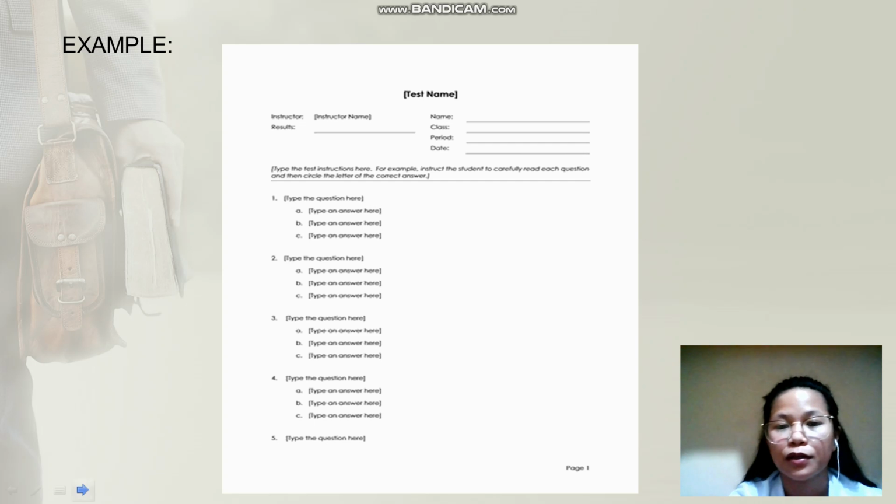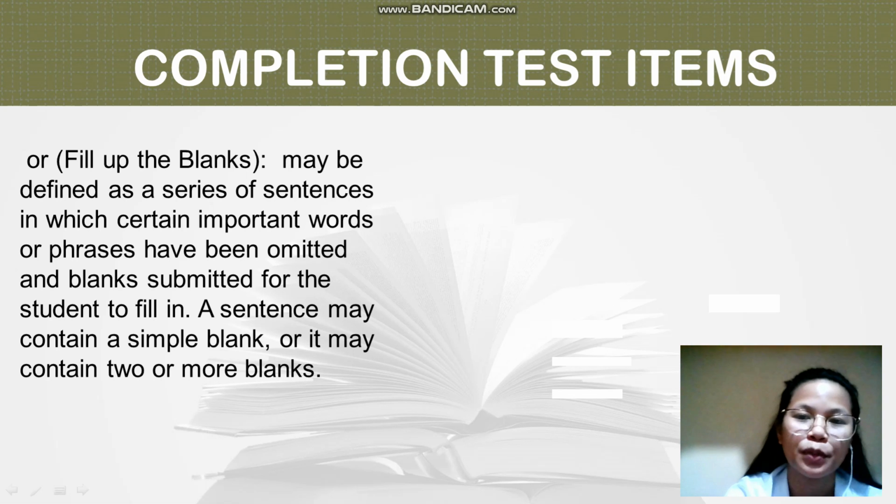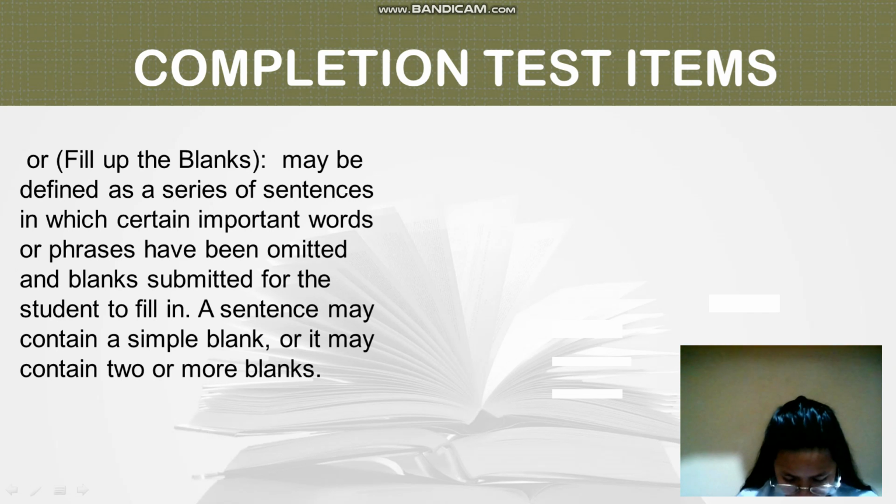So we all know this, right? The last is the completion test item, or fill in the blanks, or identify the right answer. Completion is a test where you need to understand the questions. You need to determine the right answer without any kind of choices.